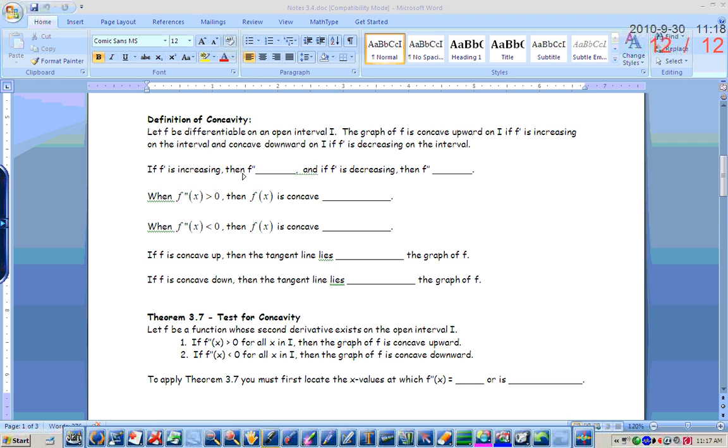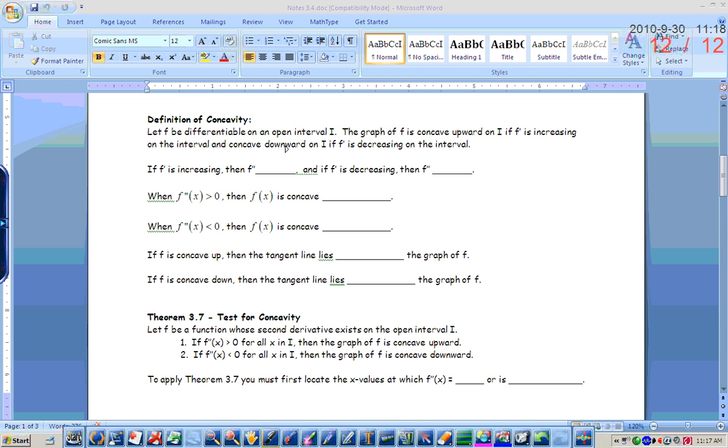If f prime is increasing, what do you think f double prime is doing? Go back to f. If f is increasing, what is f prime doing? It's positive.